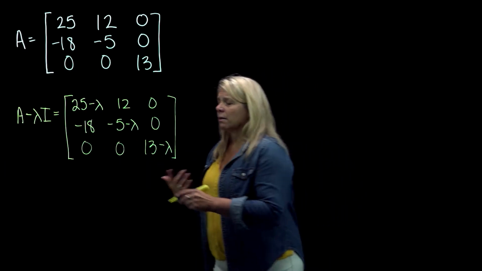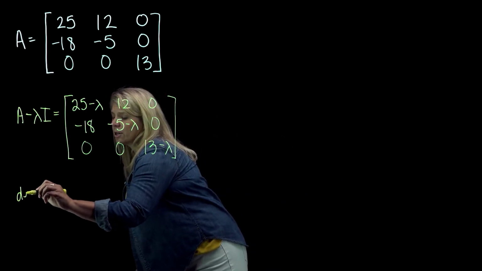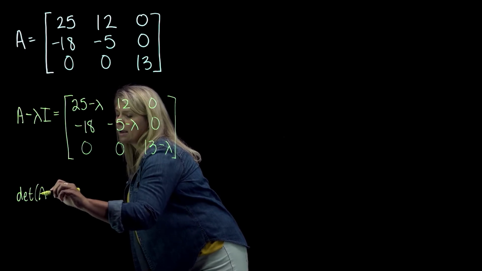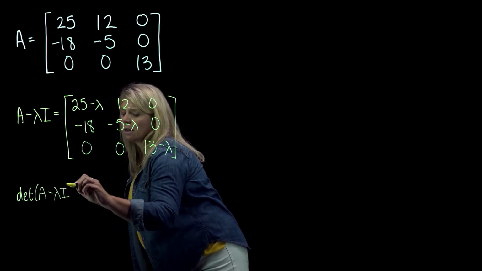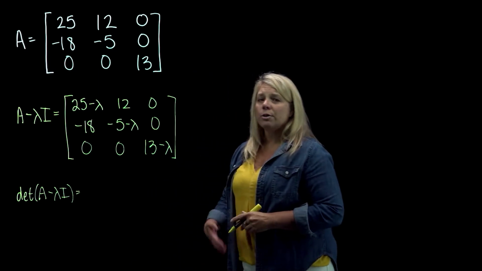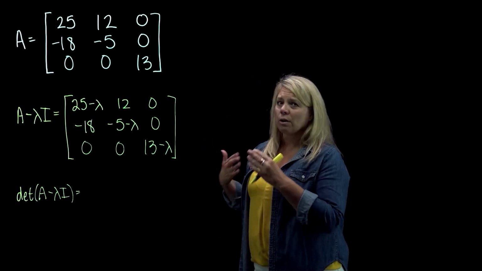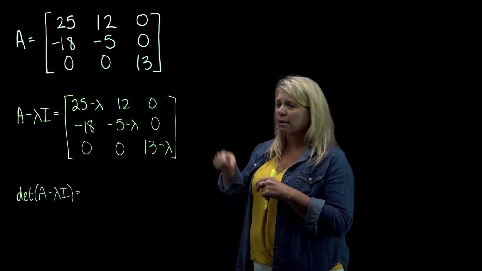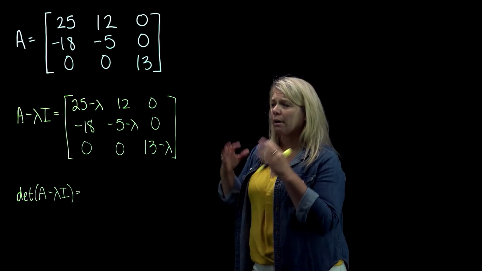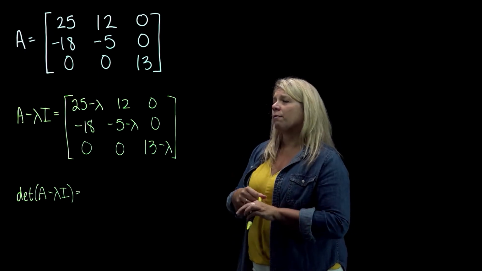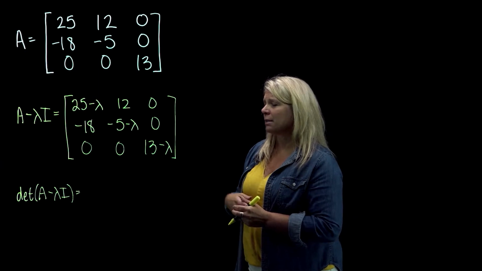So the determinant of A minus lambda I. When I think about doing that, remember you need those alternating signs, the part that comes from the -1 to a power in that summation form that we looked at for the determinants.